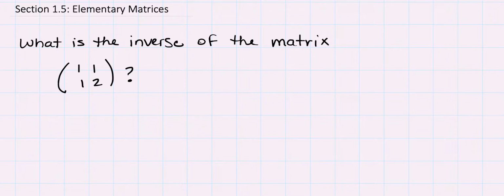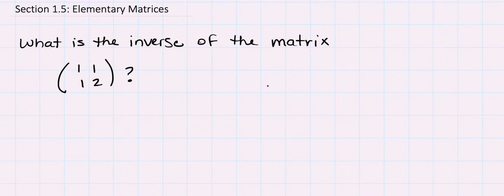We're going to start with a really easy example, and we're going to find the inverse of it. Here we have 1, 1, 1, 2. This is a 2 by 2 matrix. It's going to be one of the easiest examples to find the inverse of. So what is the inverse?